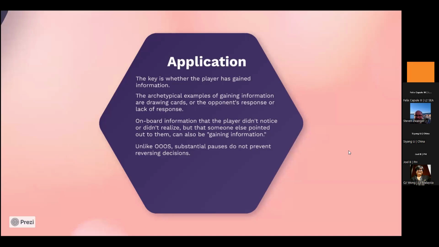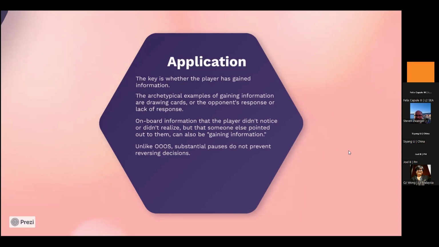It is also possible for there to be visible information that the player didn't notice or didn't realize. But if someone else points it out, that can be considered new information. So if a player casts a spell and the opponent says, "Hey, do you realize I have this untapped Forest, or I'm playing green, or there's this creature card in my graveyard that I could maybe use in response," that can be new information, even though all of that was visible to the player.